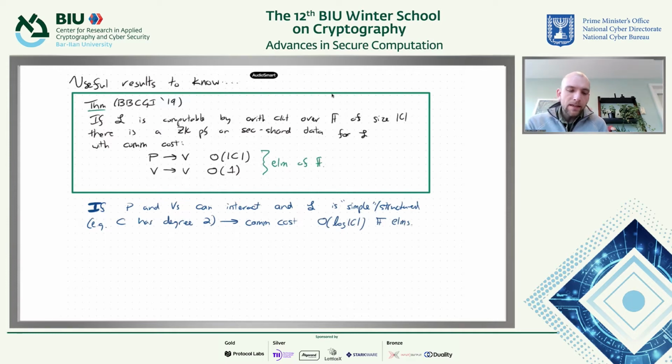So if the client needs to prove something to the servers, and the thing it needs to prove about its input is relatively low degree, then it takes very, very little communication between the clients and the servers to do this.